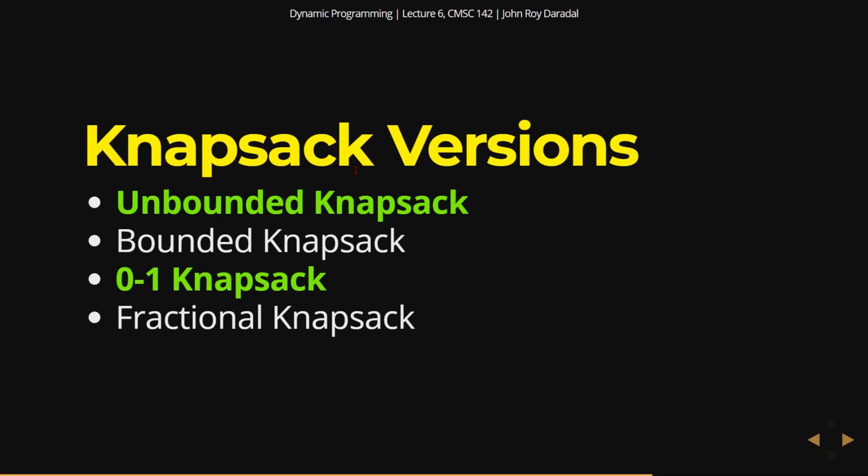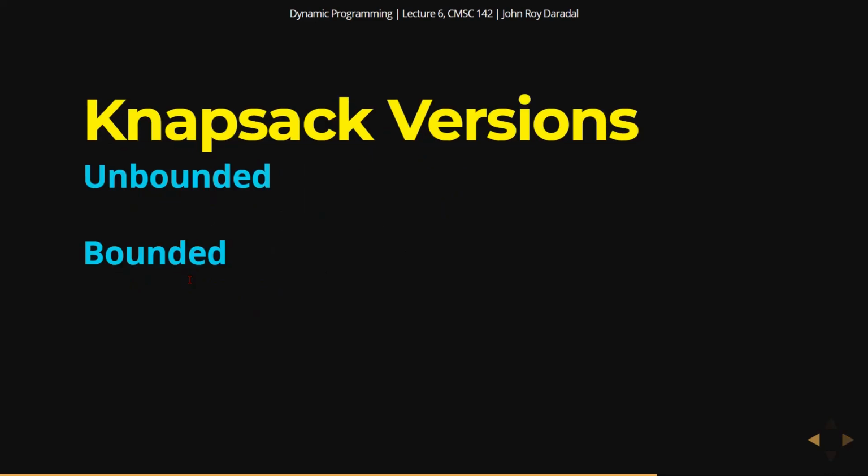And as I mentioned, there are several versions of the knapsack problem. There are 4 versions, but for this lecture we'll focus on these 2, unbounded and 0-1. But let's look at what the different versions mean. In unbounded knapsack, each item has infinite supply. That means there is an unlimited amount of each type of item.